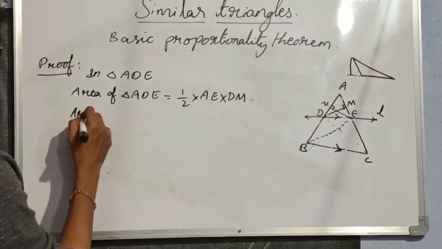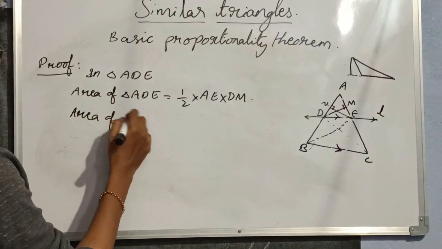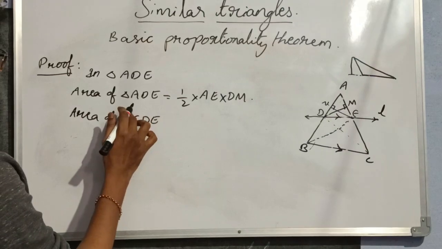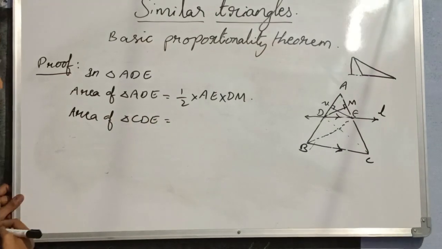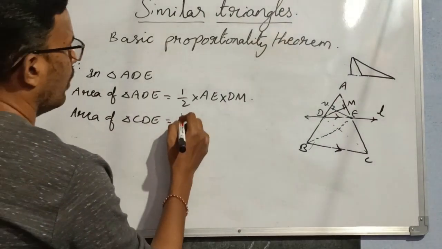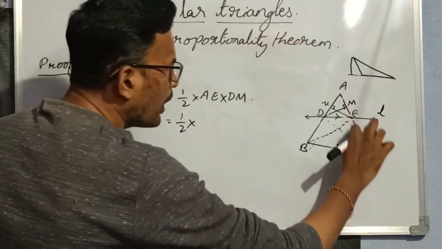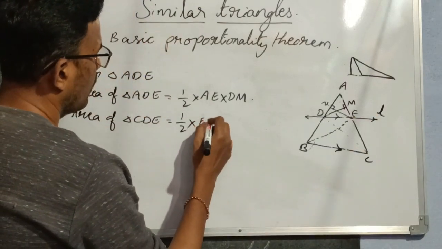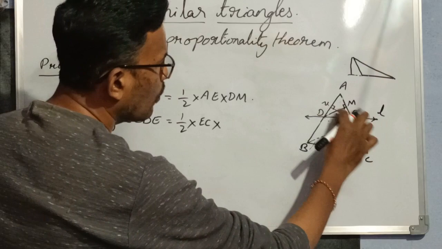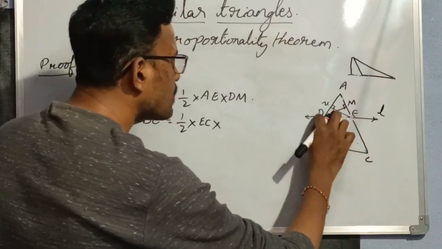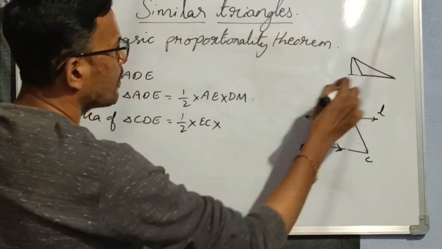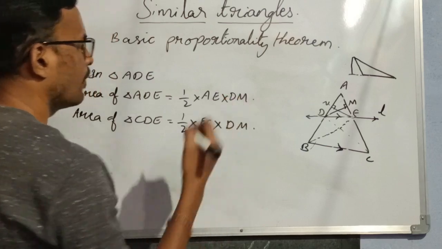Next, area of triangle CDE is equal to half into base EC into height. Even when it is an obtuse angle triangle, the height is DM only.